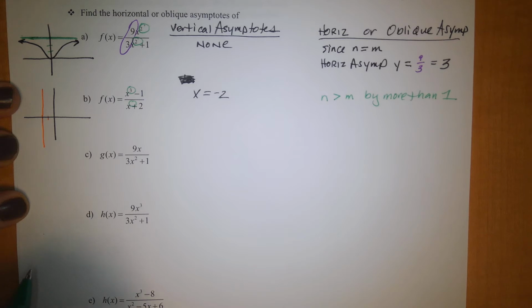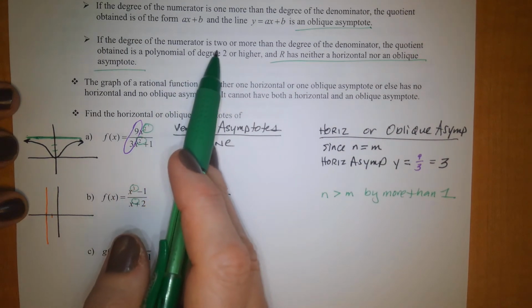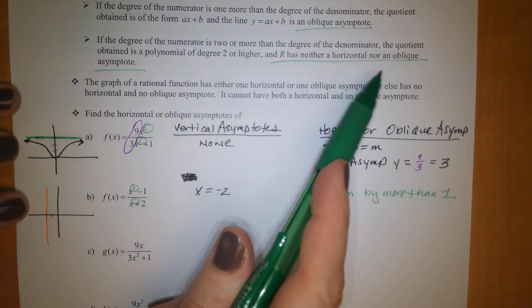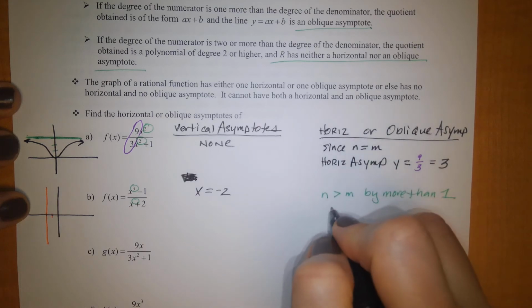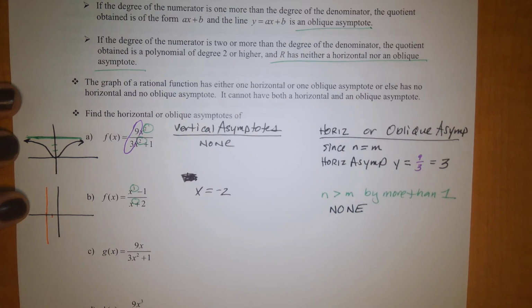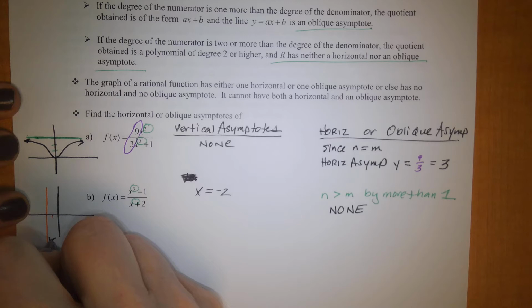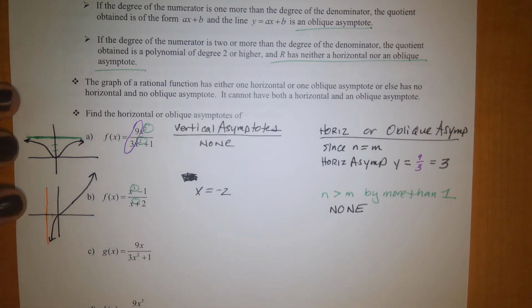And by definition from up top, we said if the degree of the numerator is 2 or more bigger than the denominator, there is neither a horizontal nor an oblique asymptote. So this has no horizontal or oblique asymptotes. So this graph over here would actually look like this.